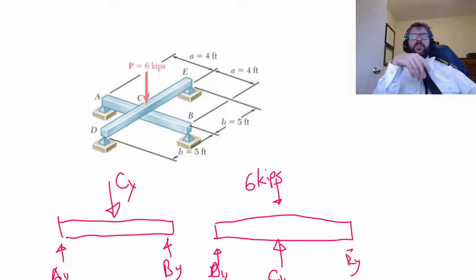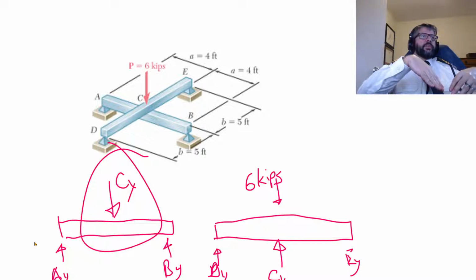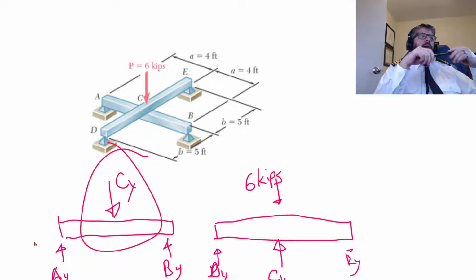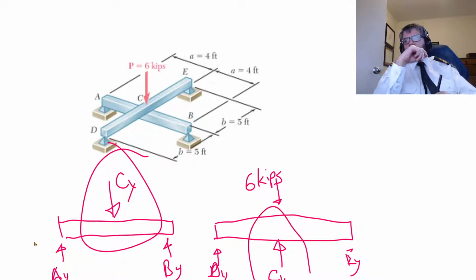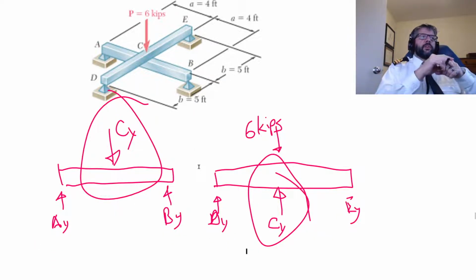pushing down. And then again, we just need to go to our formulas because we know that the magnitude of that Cy is going to be determined based upon the displacement of that beam. How much that beam goes down is going to determine how much that displacement is. And similarly, when we get to this one, how much the magnitude of that is going to determine how much that beam would be pushed up to counteract the 6 kips.